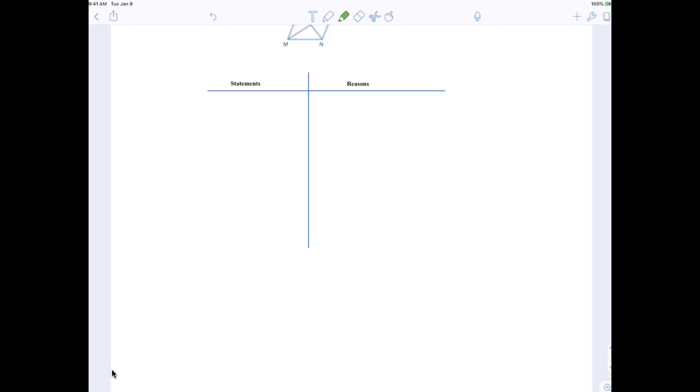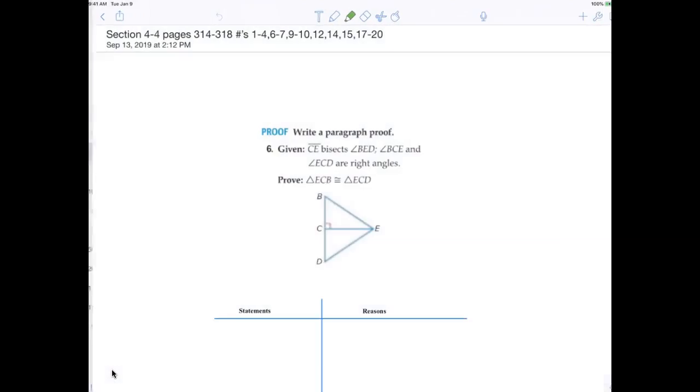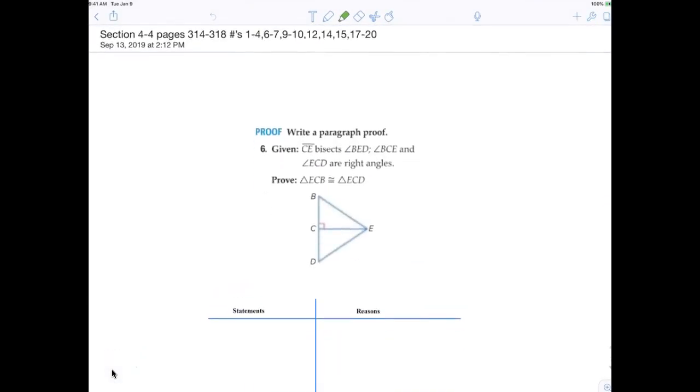Now let's open 4-4, which I think I posted, correct? I did post 4-4. So let's go ahead and put that up. I don't think there's as many proofs, all right? But today, we just have 2 more options.